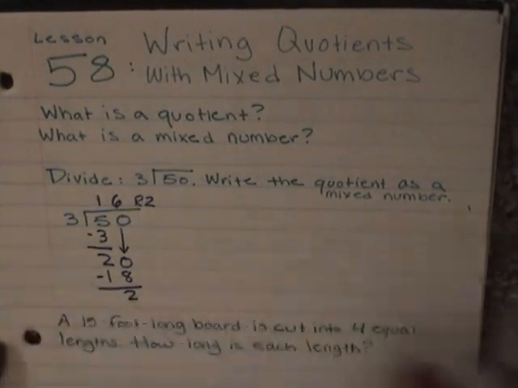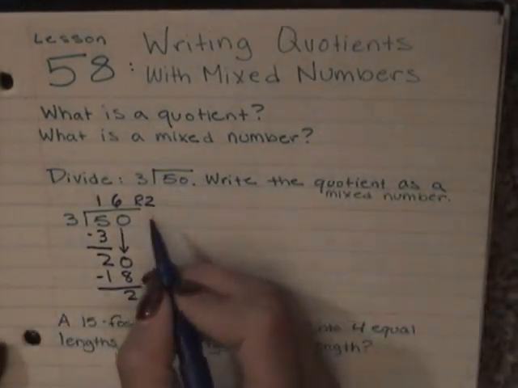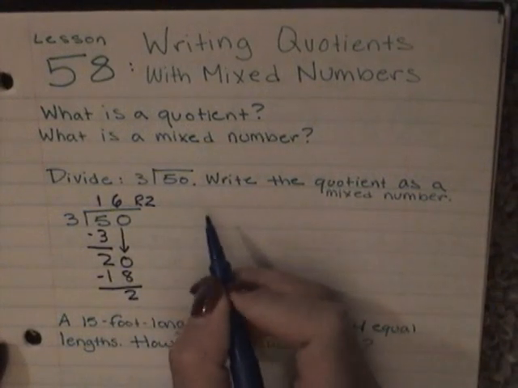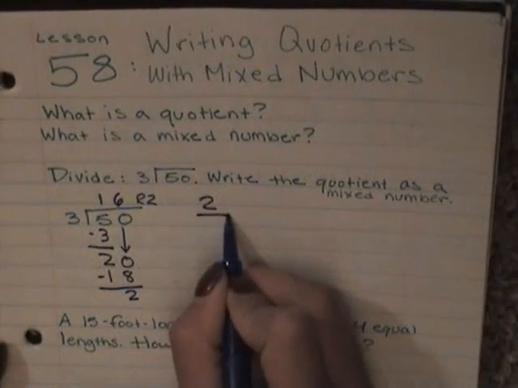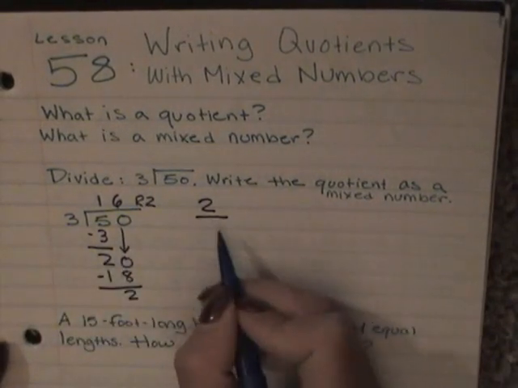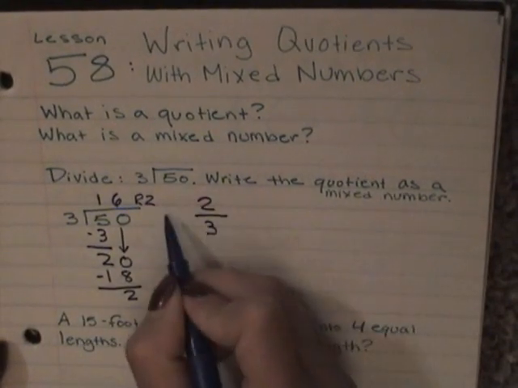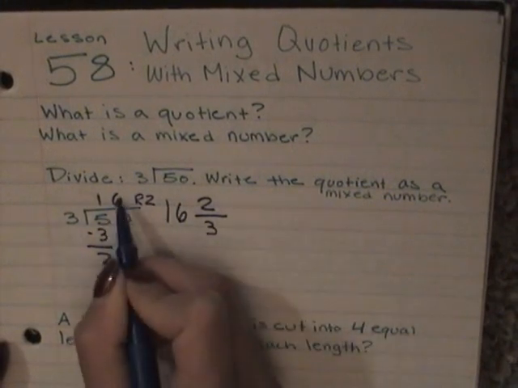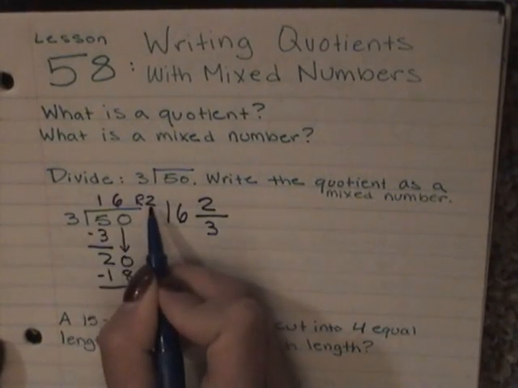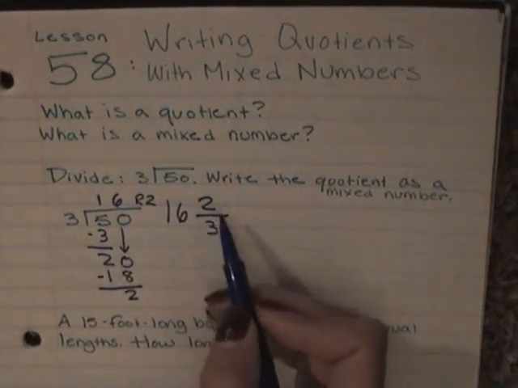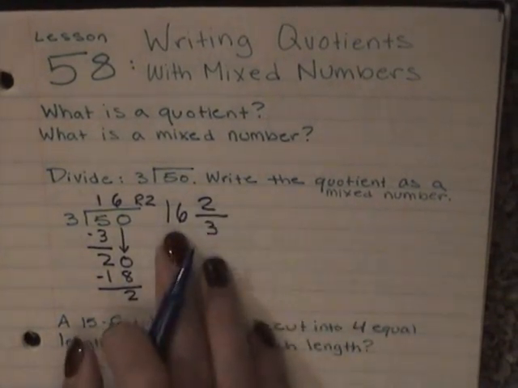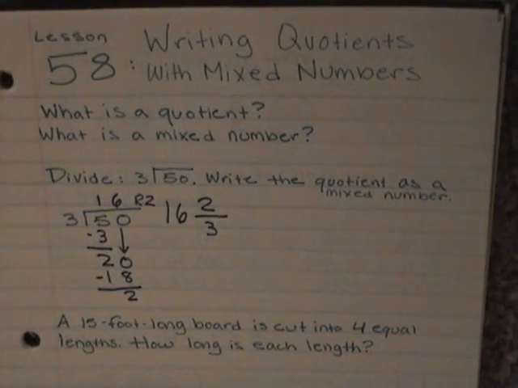So, like you've learned before, this 2 becomes our numerator, the top number of the fraction, and our bottom number is our divisor, 3. So our answer would be a big 16, because it's a whole 16 and a remainder of 2. It's not quite a full number, so 2 out of 3. So our answer is 16 and 2/3.